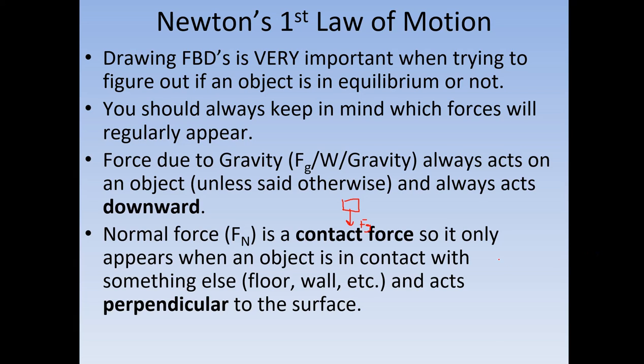For example, if I put my hand up against a wall, I'm going to feel a normal force coming from the wall, and that normal force will be pushing me away. So the normal force always acts perpendicular to the surface and always pushes objects away. If you look at your table right now and you have something sitting on it, that table is exerting a normal force pushing it up in order to keep it from going downwards.